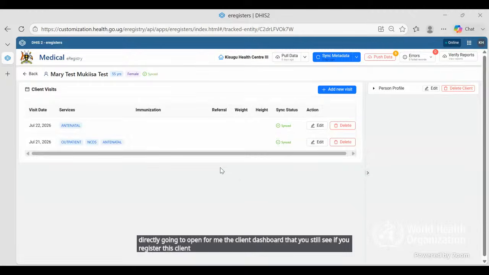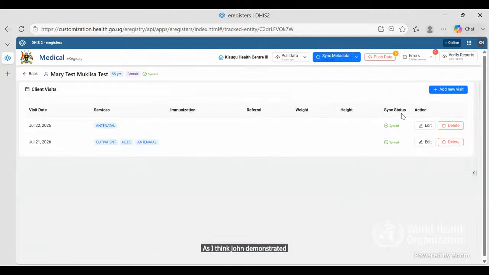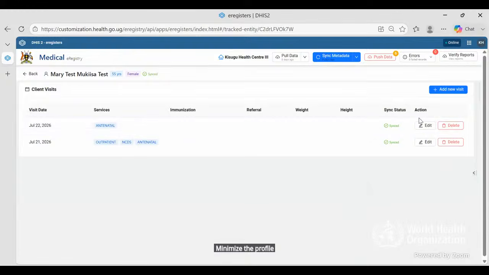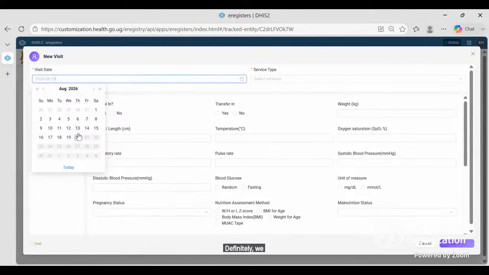Now, as I think John demonstrated yesterday and today, I'm able to minimize the profile using that arrow there, so that I have a better screen size to work with. Then I can go ahead and add a visit. We definitely need the visit date because we use it to get the age at visit based on your date of birth and the date you came to the facility.